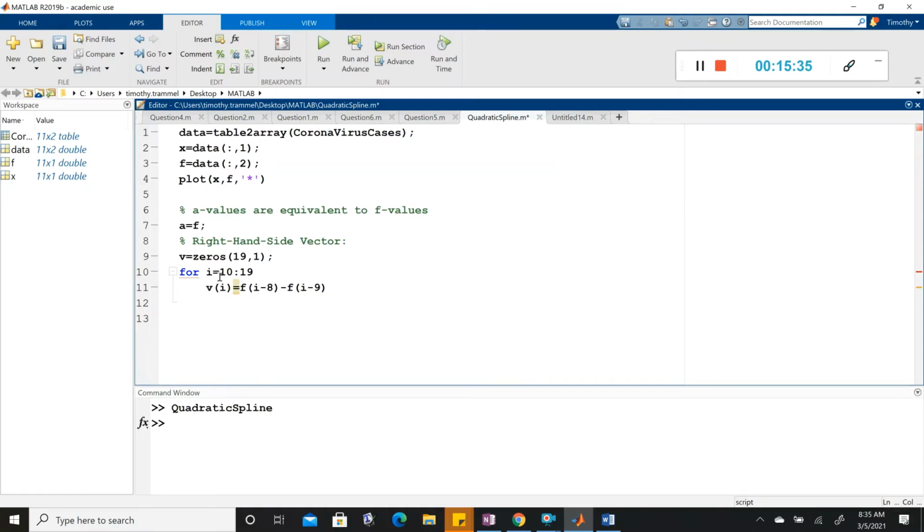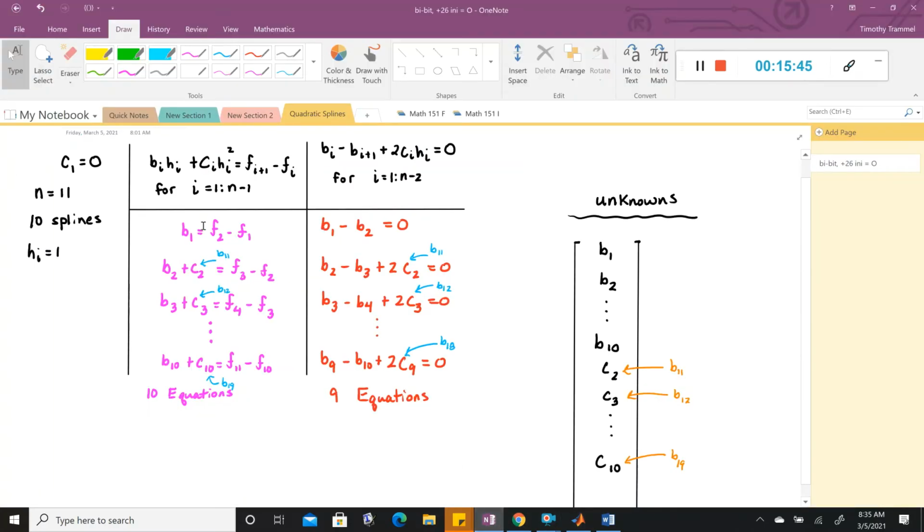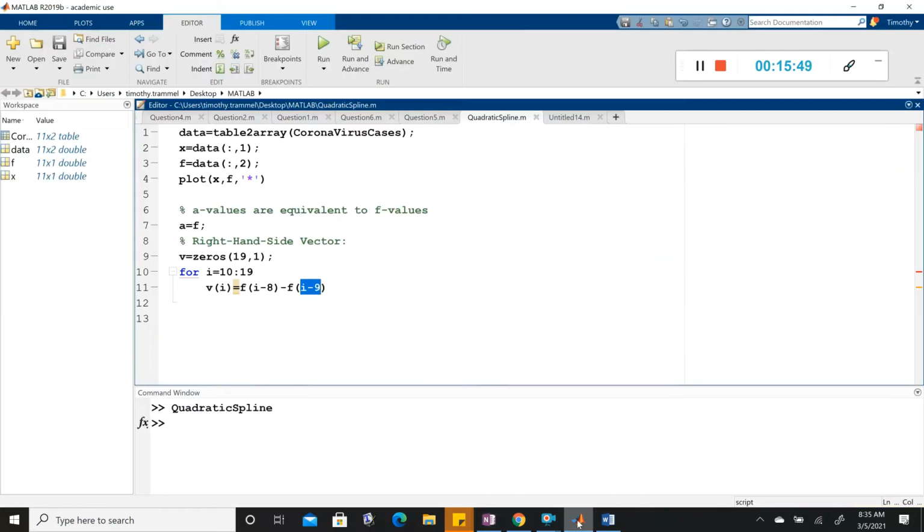So let's see if this works. If you plug in I equals 10, you'll have f of 2 here, and f of 1 here, which is what we wanted for the first one. And for the last one, we want it to be f11 minus f10. Let's see if that's the case. Okay. So if I were to plug in 19, I would get 11, and here I would get 10. So that does work perfectly. Okay. So I'm going to go ahead and end that loop.